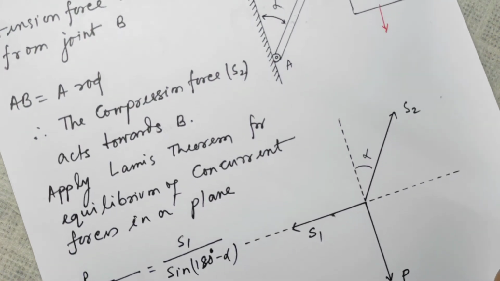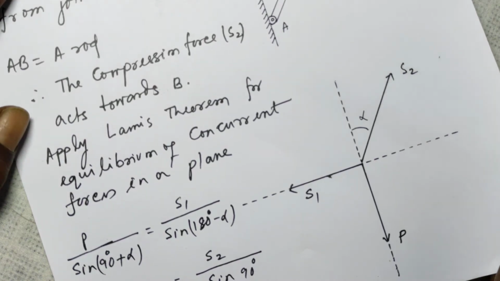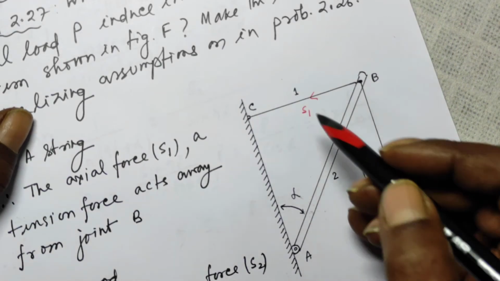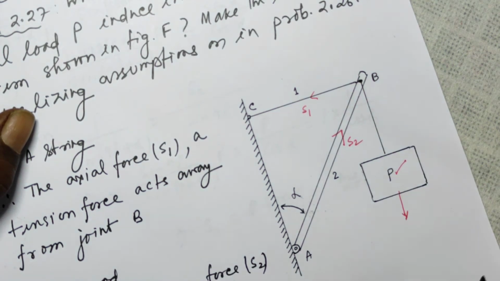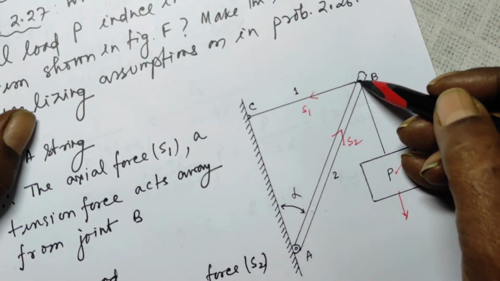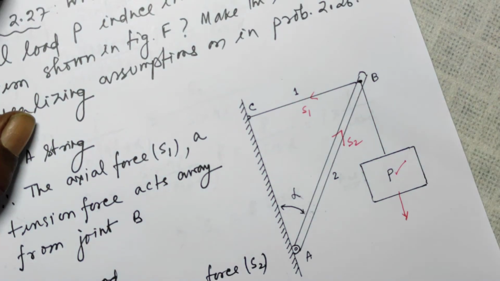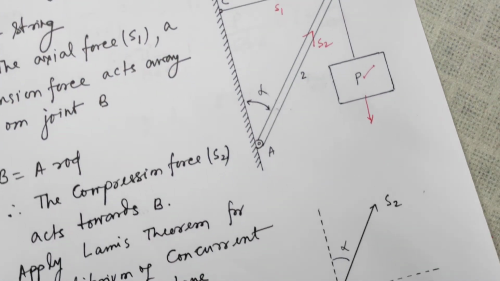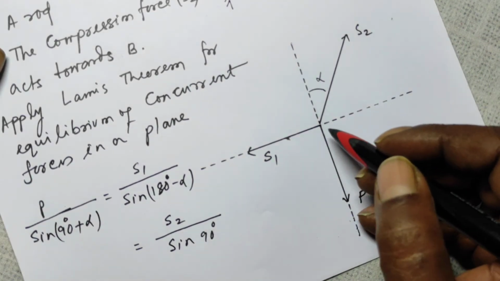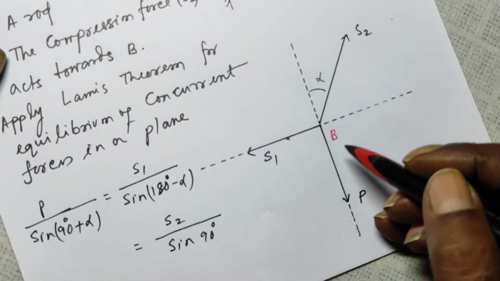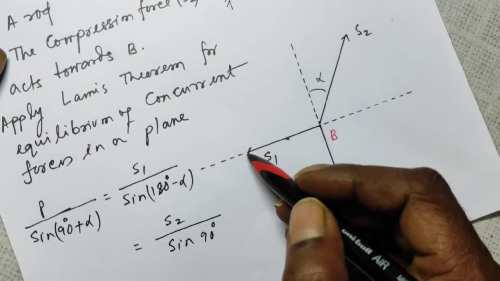So apply Lami's theorem for the equilibrium of concurrent forces in a plane. This S1, this S2 and the load P, they are lying in the plane of the paper and they are concurrent because they are passing through the same point B. So at point B, I have drawn the free body diagram for you. This is the point B. This is your S1, the tension force in the string.